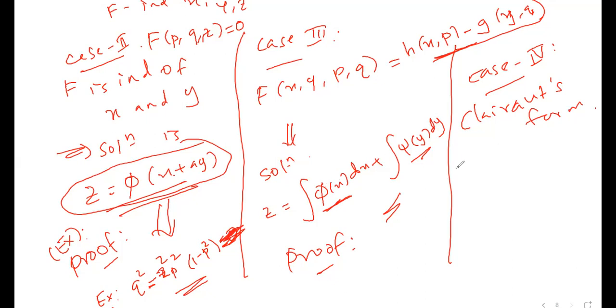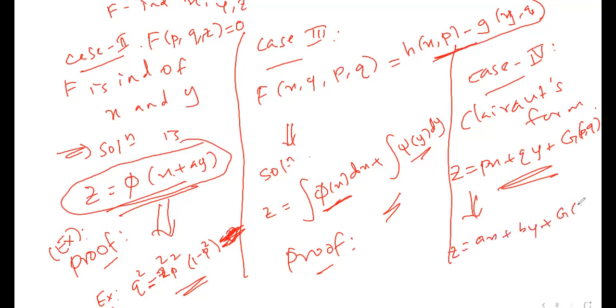So this will be in the form z is equal to px plus qy plus g, any function of p comma q. The solution will be z is equal to ax plus by plus g of a comma b. Okay, solutions. So that's all the cases.